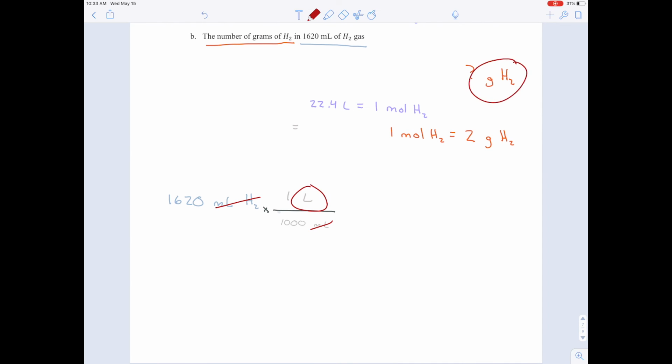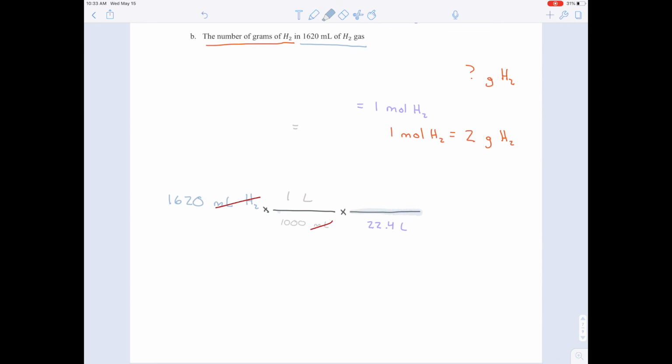But we don't want liters, we want grams of hydrogen, so we get to do another conversion. Every time you do a conversion, write a multiplication sign and a fraction bar, and the units that you start with on top, you want to put on the bottom so that they'll cancel out. So here, that's liters. So we'll go to our next conversion factor, and we take the side that has liters and put that on the bottom.